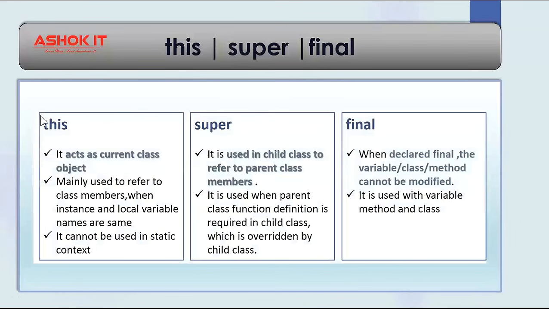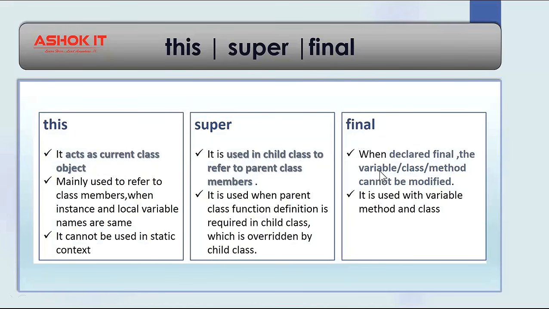The this keyword in Java acts as the current class object. The super keyword is used in a child class to refer to parent class members. And the final keyword: if anything is declared as final, like a variable, class, or method, then it cannot be modified. Its definition or value will be fixed.